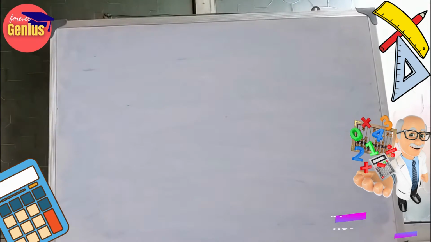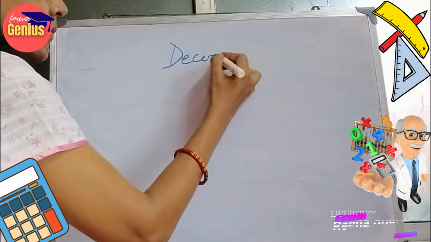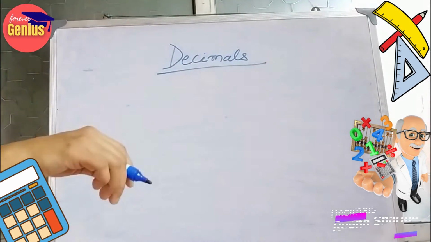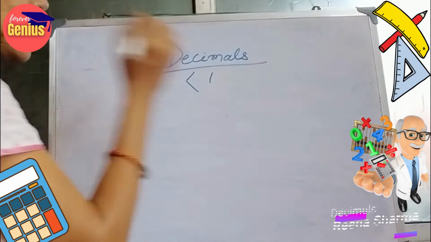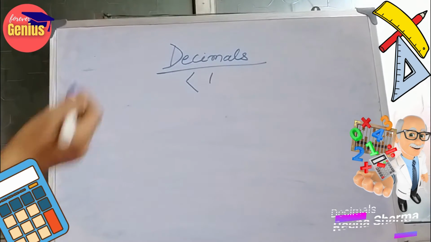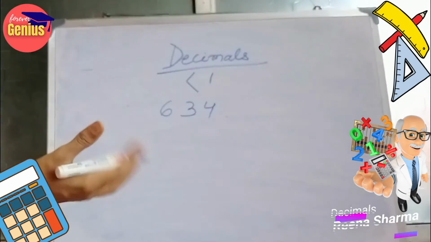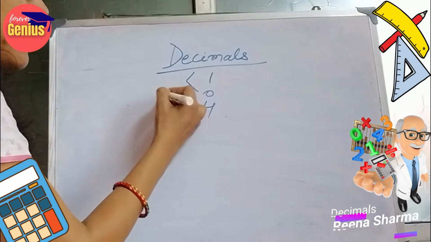Let's start the most interesting and confusing topic, that is decimals. What is decimals? Any number which is less than 1 is termed as decimal. If any number is given to you, suppose say 6, 3, 4, how do you write it? You simply write it under ones, tens, hundred.